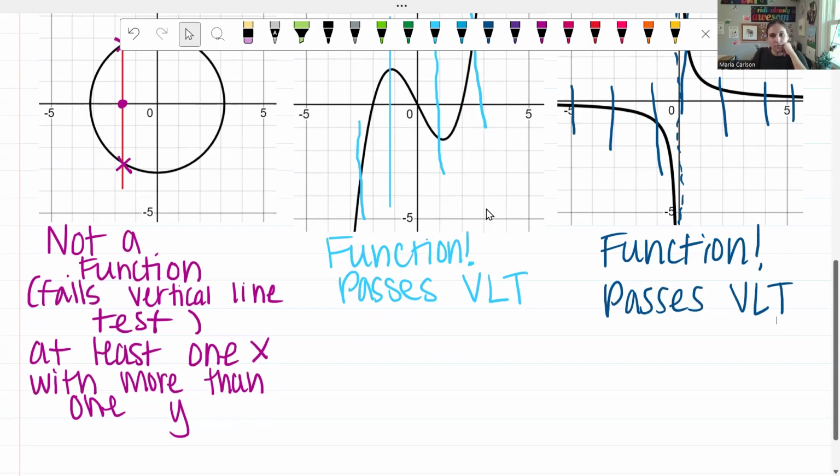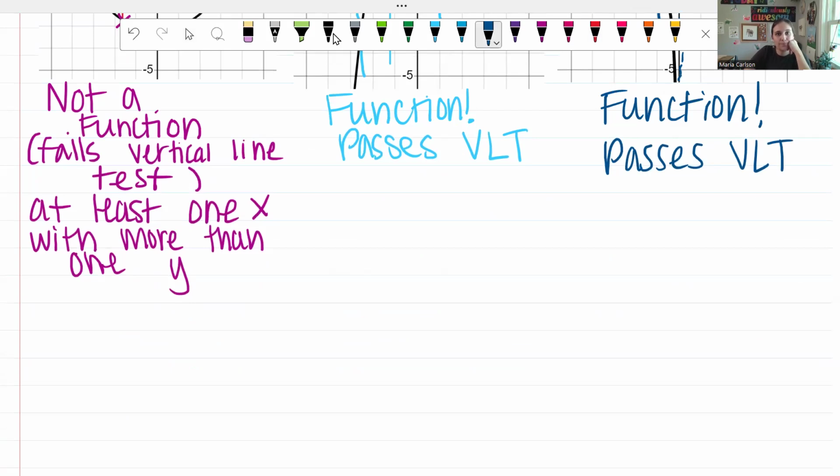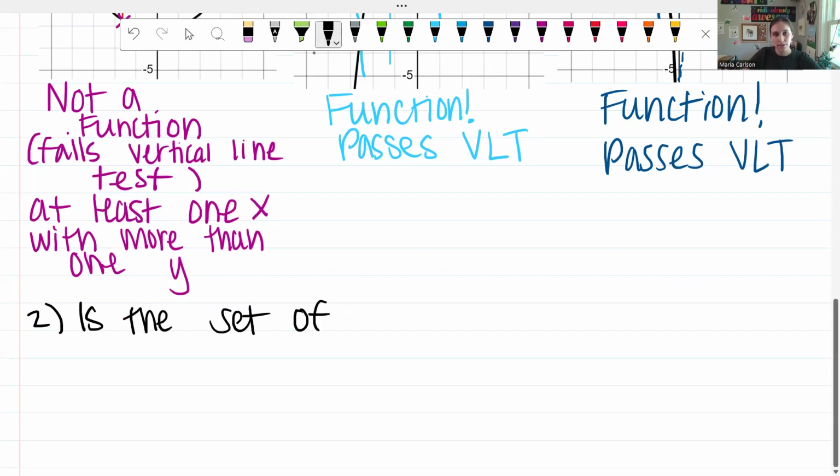Okay. Problem number 2. Is the set of ordered pairs a function?